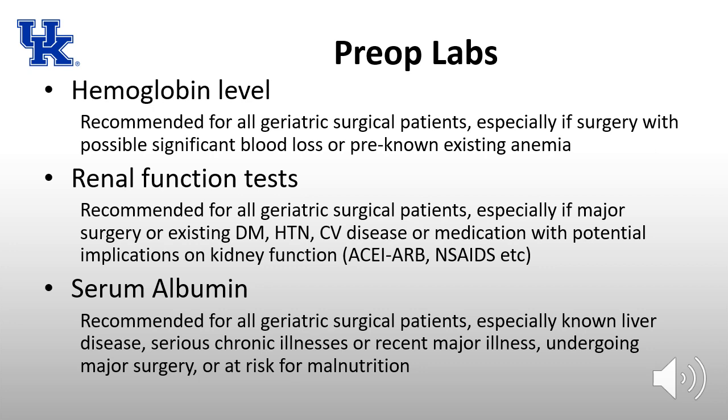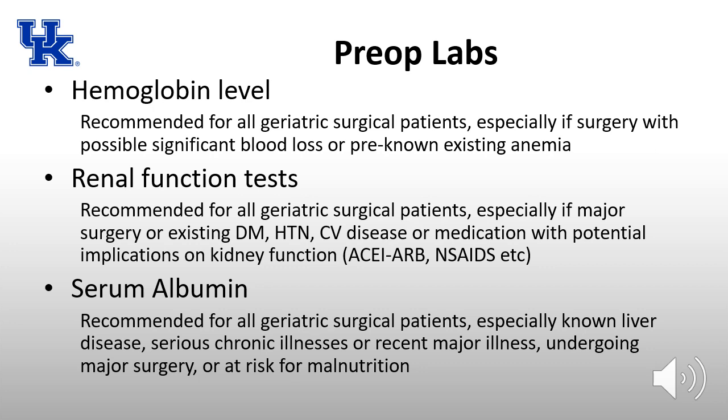It is recommended for all geriatric surgical patients, especially if the surgery is associated with possible significant blood loss, or if the patient has pre-known anemia. Since optimizing oxygen carrying capacity, addressing existing anemia may actually improve their postoperative outcomes.